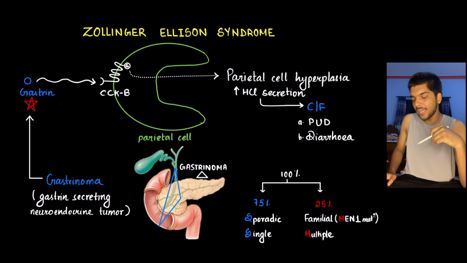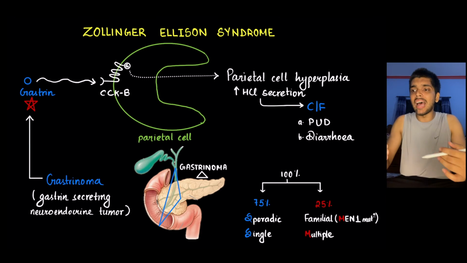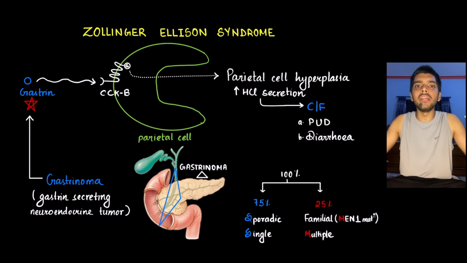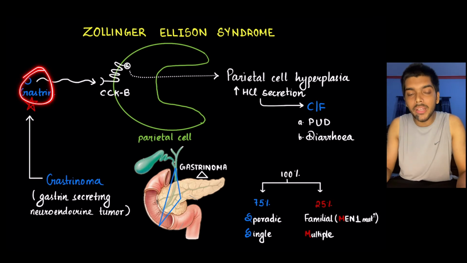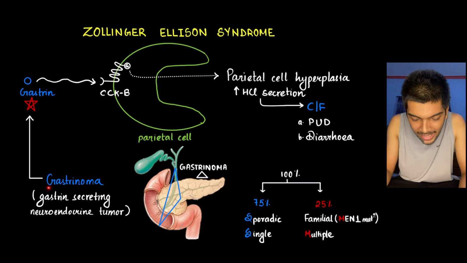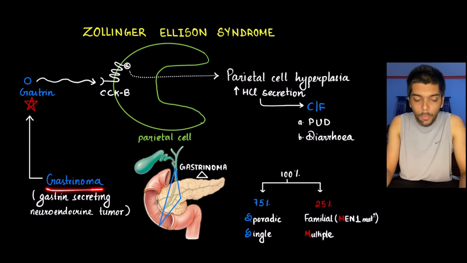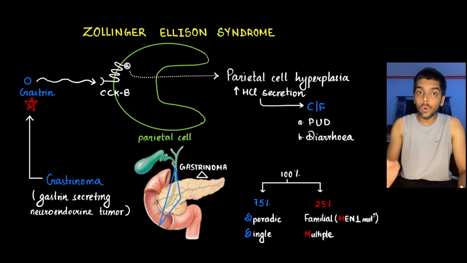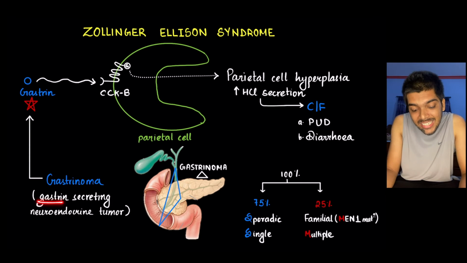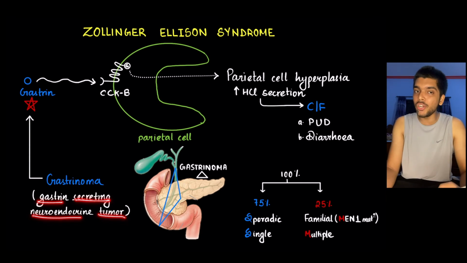Okay. Now, second thing, how is it that there is an abnormal increment in gastrin hormone? That takes place due to a tumor, which is gastrinoma. I mean, the name says it all. Gastrinoma, it's a gastrin secreting tumor. What type? Neuroendocrine tumor. So gastrinoma is a gastrin secreting neuroendocrine tumor.